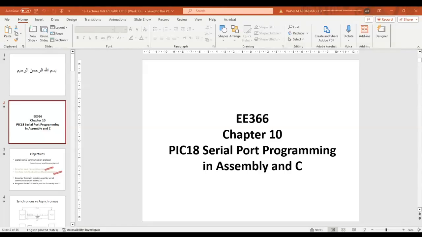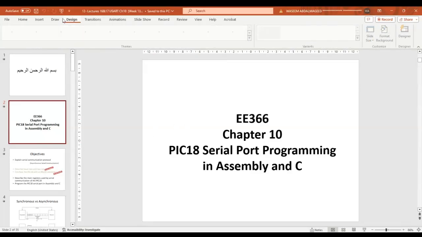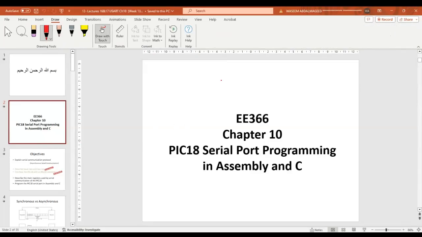If you have a microcontroller and you want to connect a sensor to your microcontroller, we have the microcontroller and here any device. Let's use an LCD, for example.